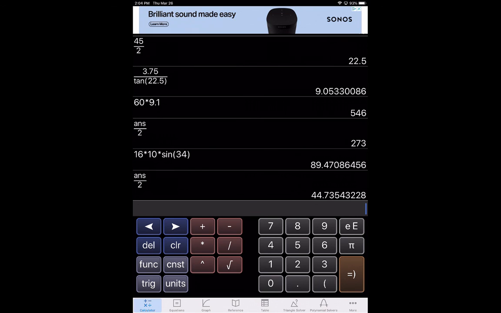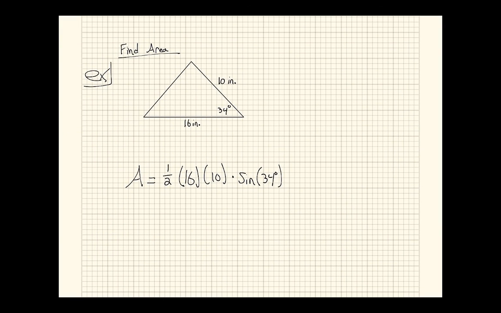And that is 44.7. Area is 44.7 inches squared.